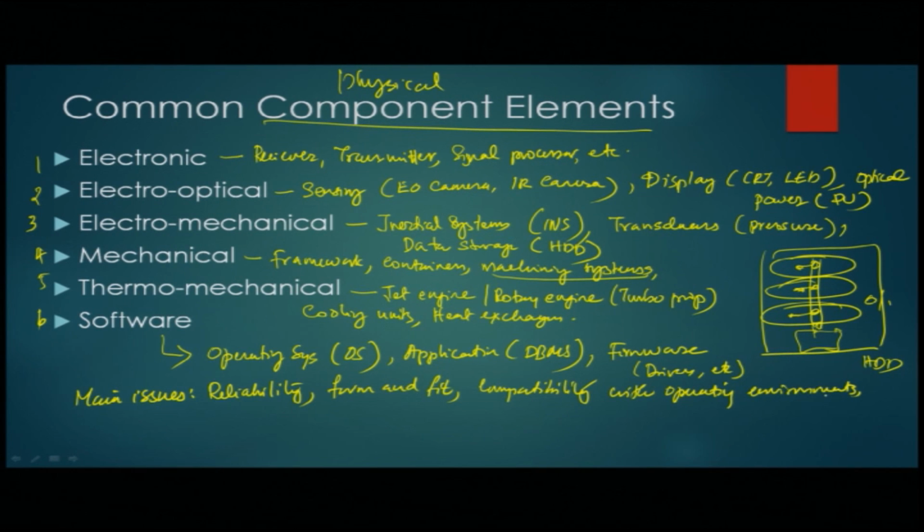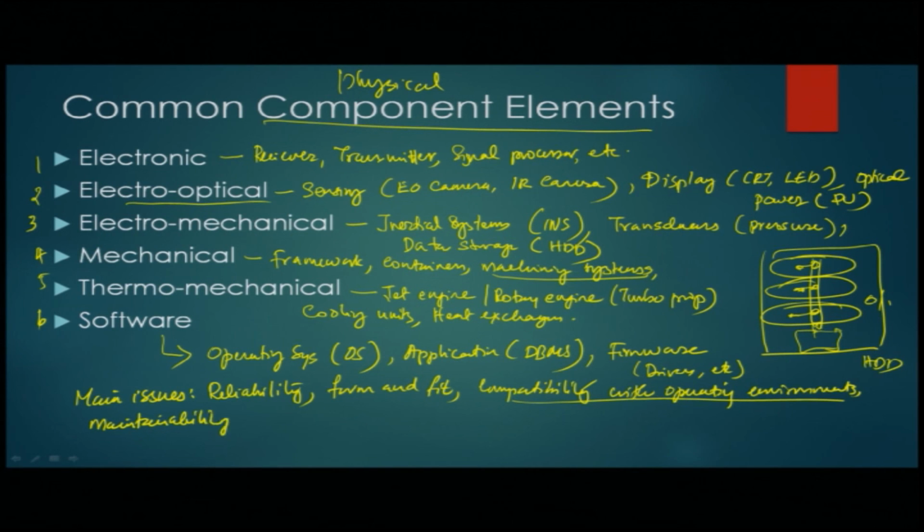So where the system operates, will it be able to work? For example, if you create an electro-optical part which does not work in a moisture area, and you are trying to design a naval system, then it will not work. So you have to ensure that the physical component element is compatible with the operating environment of the system.